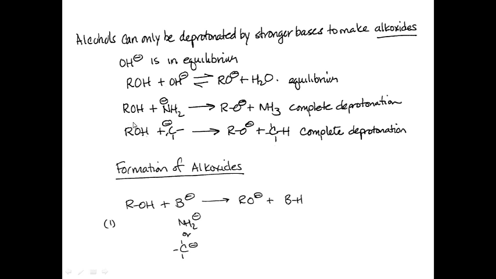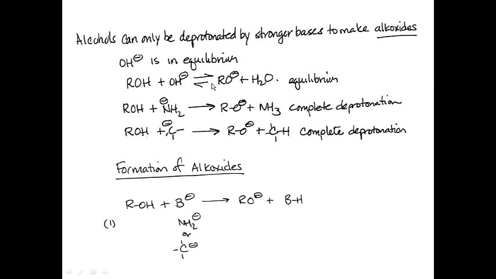So if we're going to do the deprotonation reaction, as I've already kind of laid out earlier, what we need to do is deprotonate the alcohol 100%. Well, hydroxide isn't strong enough to completely deprotonate an alcohol. The pKa of water and the pKa of the alcohol are very similar, and so therefore at best I get an equilibrium.